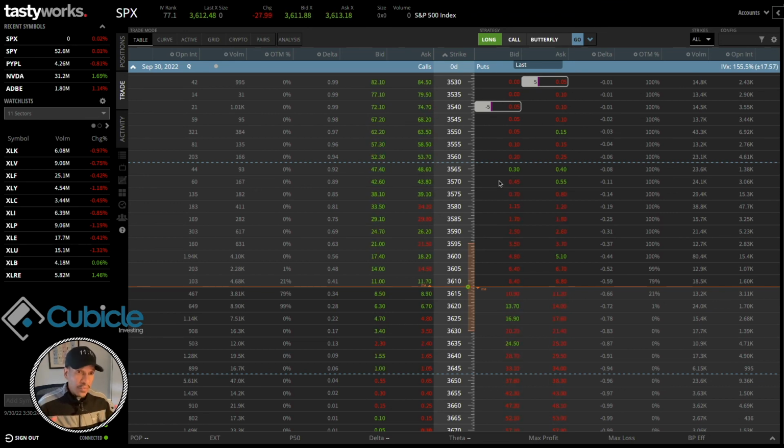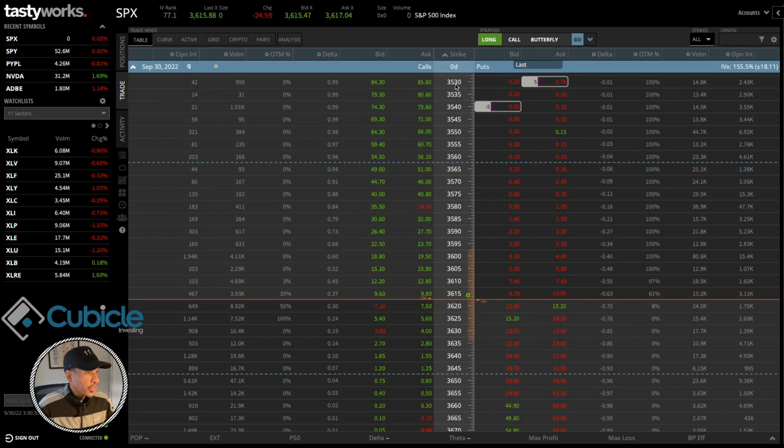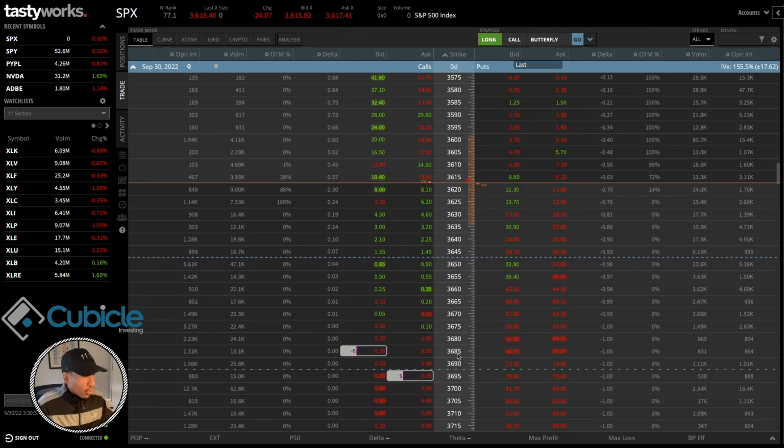And they are out of the money because the price of SPX is above the value of both strikes on the put side, 35.40 and 35.30, and also below the value of the strike prices on the call side, 36.85 and 36.95.